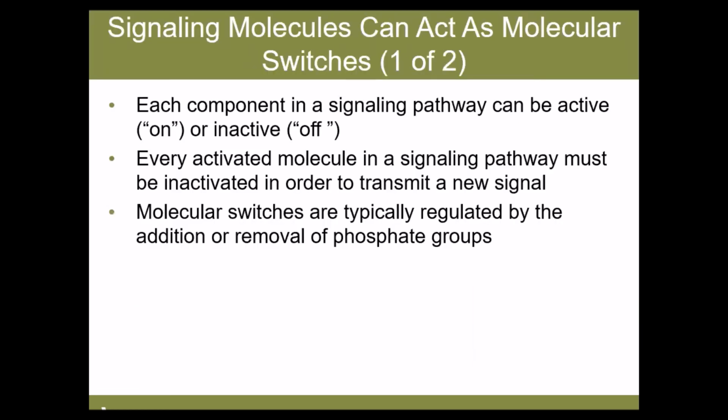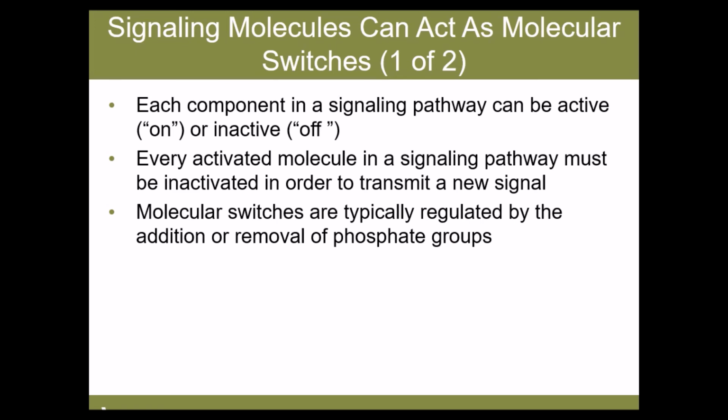Now, this works kind of like an on and off type switch. I've got a diagram figure that's similar to what's in your textbook on page 138. I'll show you that in just a second. But you basically have what they call a cascade effect, or it's almost like a domino set of chain reactions.